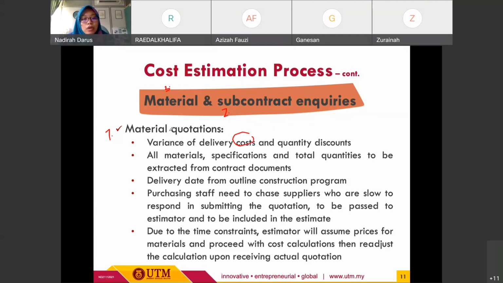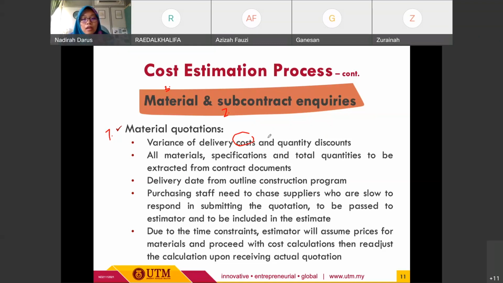So regardless of what kind of materials are needed, we still have variance in delivery cost, right? Meaning that the cost is not fixed, so it can be within a range of prices for the material delivery cost and also any quantity discounts.